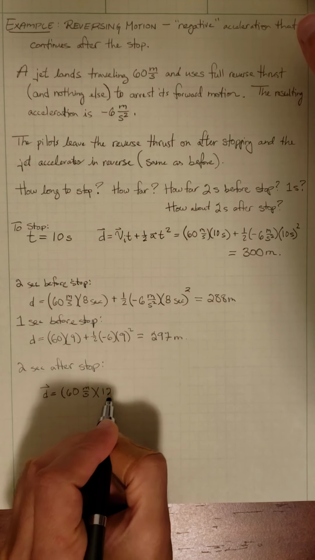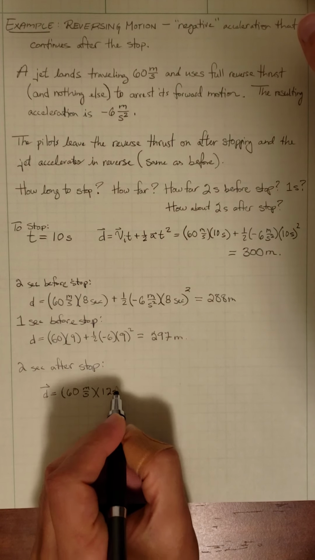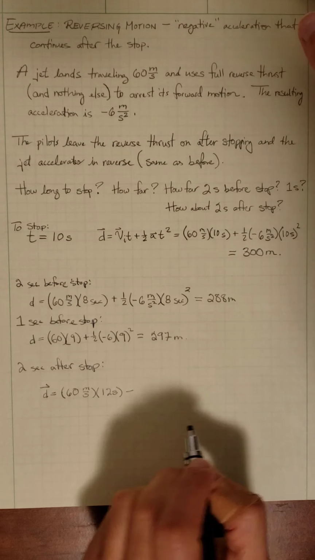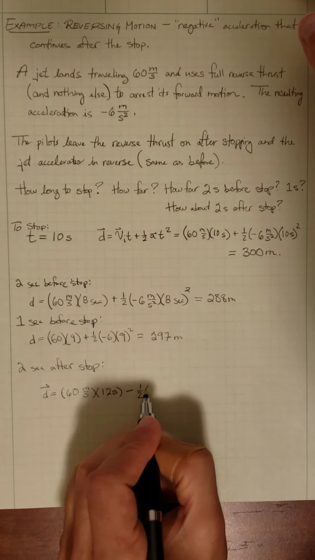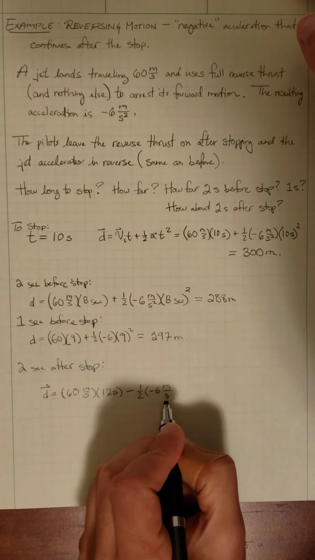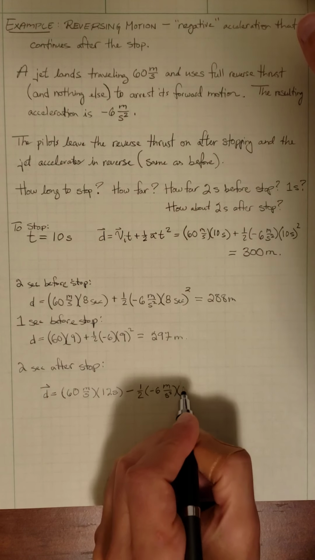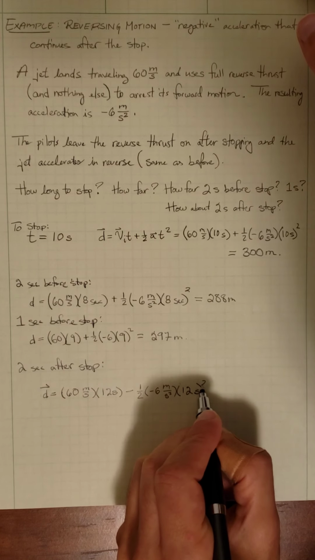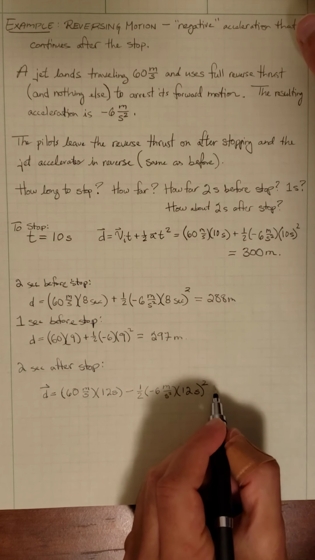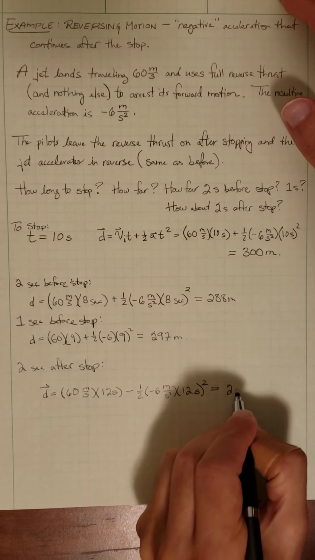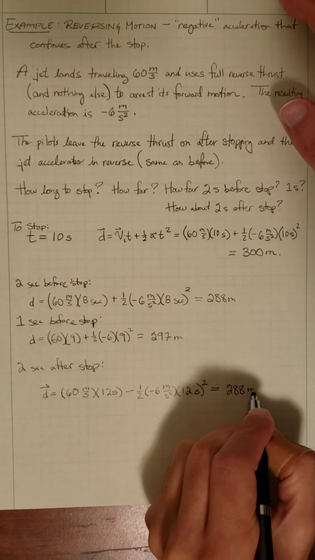Now we're interested in 12 seconds later, minus 1/2 times -6 meters per second squared times 12 seconds squared. That's the t squared. And that comes to 288 meters.